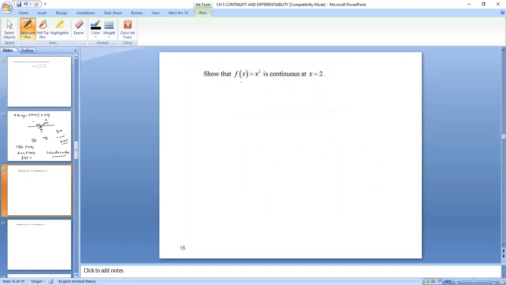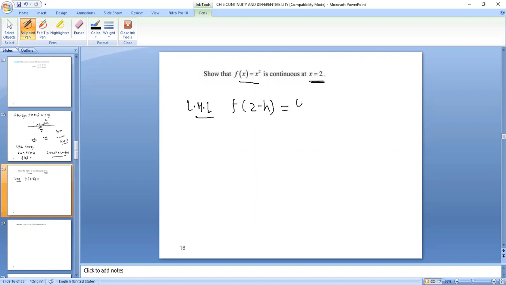Show that f of x equals x square is continuous at x equals 2. Now in place of A we have the value 2. So we will be taking the left hand limit. F of A minus h, we are writing 2 minus h.